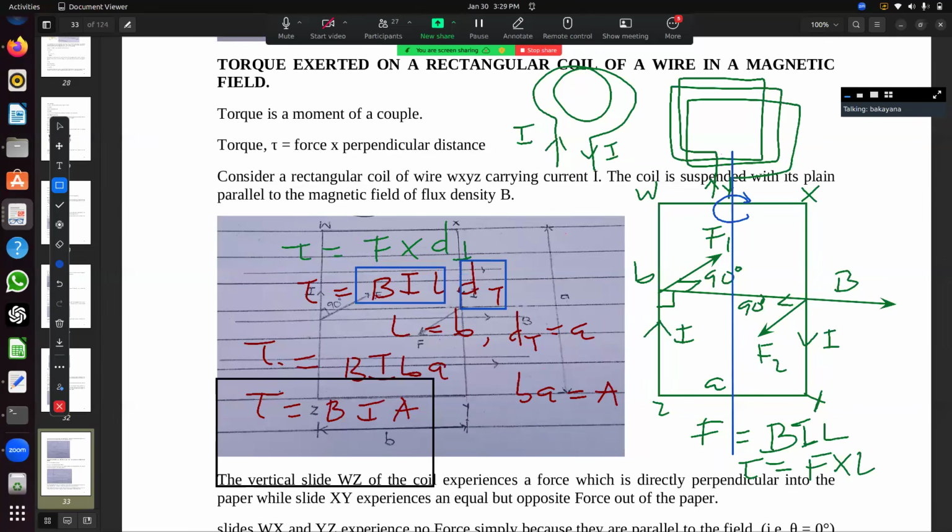If we take the length of the conductor to be B and the perpendicular distance to be A, which is the width of the coil, then our torque is equal to B times I times the length of the coil times the perpendicular distance, which constitutes the area of the coil, because B times A is the area of the coil. So the torque exerted on a coil is given as BIA.